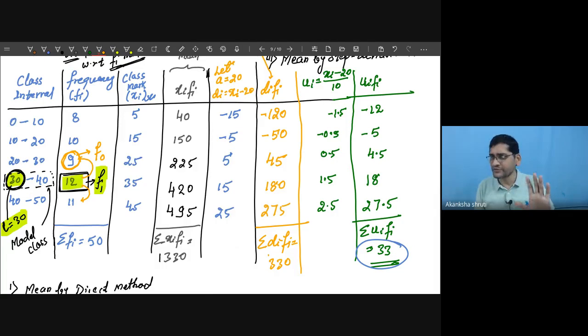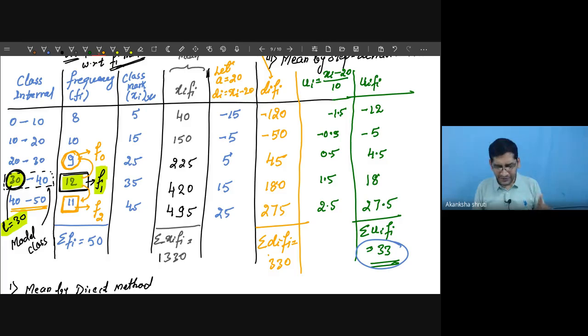Before that, note down the frequency, whatever the value is. So it is 9; though the lower number before the 12 is 11, F0 is marked as 9. The next frequency means the frequency of the class succeeding the model class. It is our 40 to 50. Its frequency is this 11. So this 11 is denoted by F2.